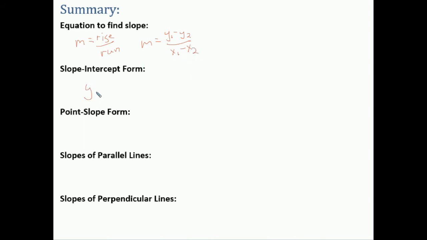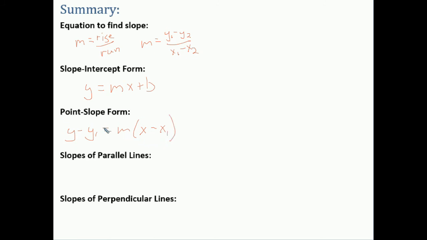Slope-intercept form, y equals mx plus b. m is the slope, b is the y-intercept. Point slope form, we use that several times, y minus y sub 1 equals m, which is the slope, times x minus x sub 1.